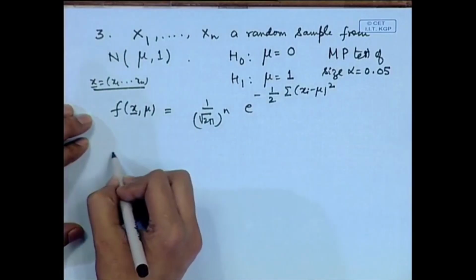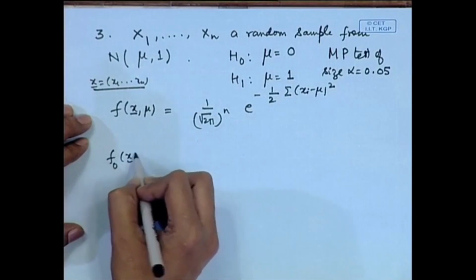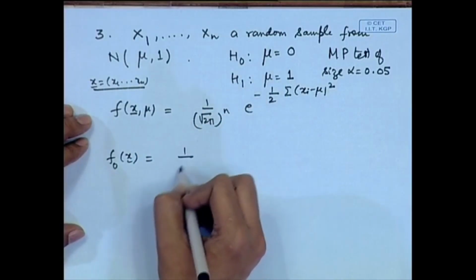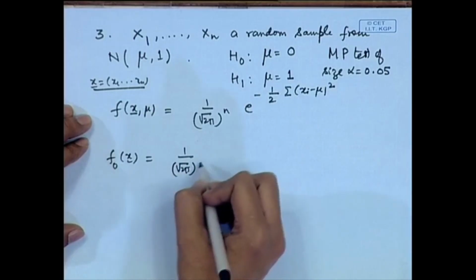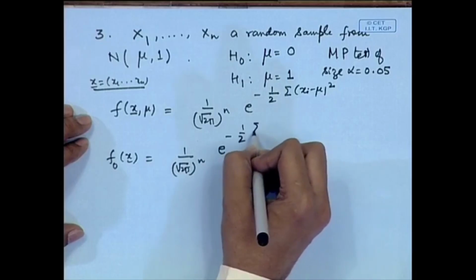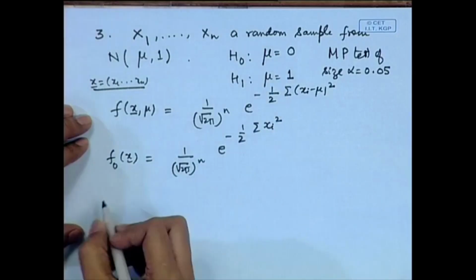So, our f0(x) value when μ is equal to 0 turns out to be (1/√(2π))^n e^(−(1/2)Σxi^2).